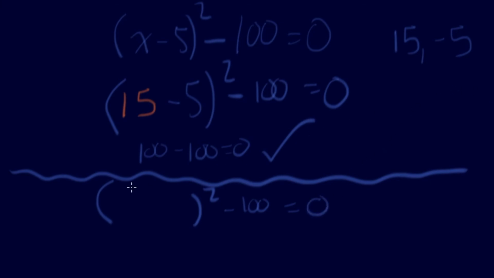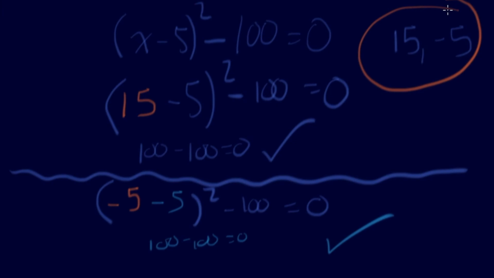So negative 5 minus 5, what's negative 5 minus 5? It's minus 10. Minus 10 squared is 100, and 100 minus 100 is 0. So that is also correct. So our solutions are 15 and negative 5. You're on your way to understanding quadratics.